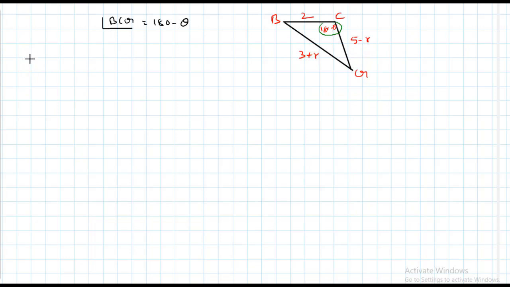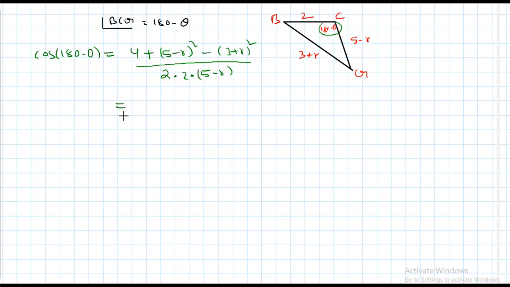Again from the cosine rule, cos of (180 minus theta) is equal to 4 plus (5 minus R) whole squared, minus (3 plus R) whole squared, by 2 into 2 into (5 minus R).